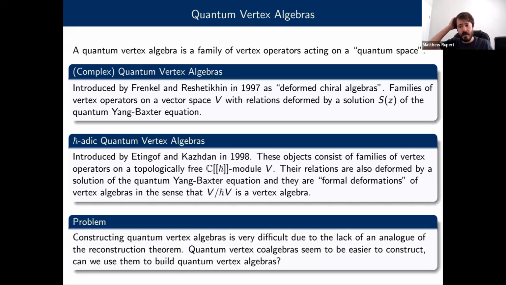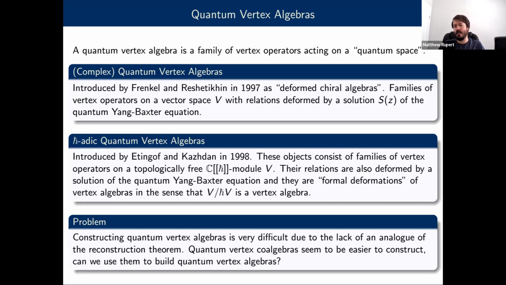Most of the literature on quantum vertex algebras right now concerns constructing examples primarily, and constructing examples for quantum vertex algebras is actually extremely difficult. For vertex algebras, you have a nice theorem called the reconstruction theorem.